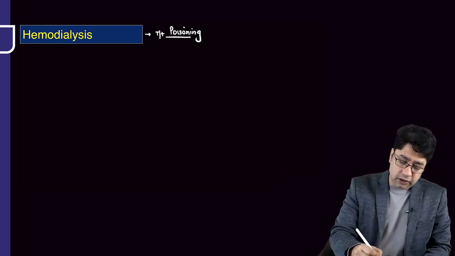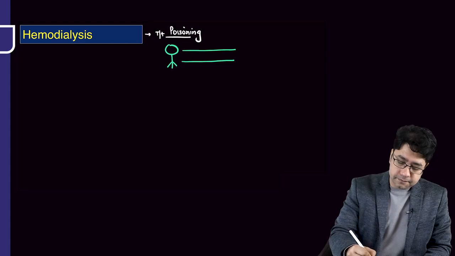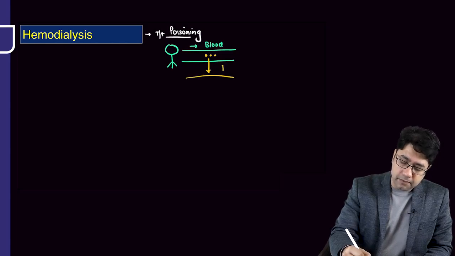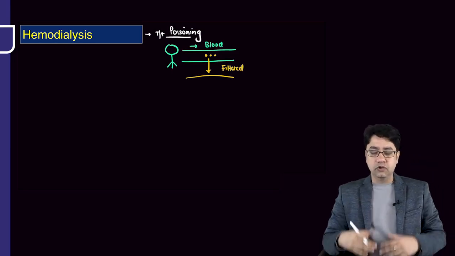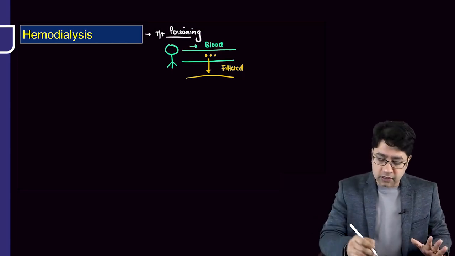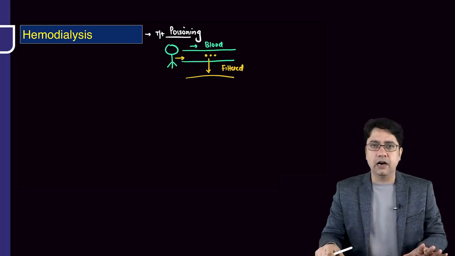What we do in hemodialysis, we take out the blood of the patient outside. And the drug which is present in the blood is filtered through a semi-permeable membrane. It is filtered outside so that this poison or drug can be removed out of the body.